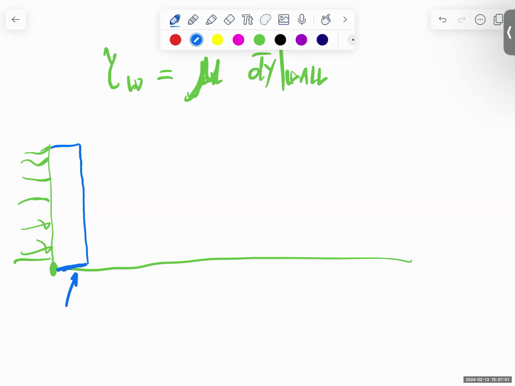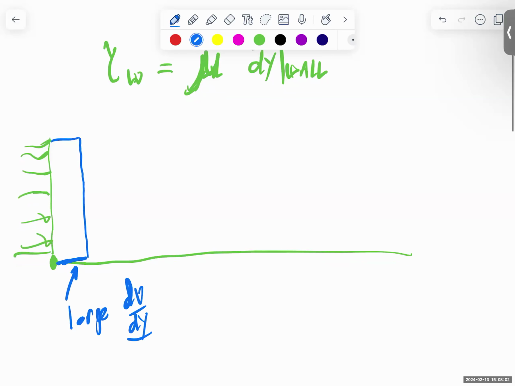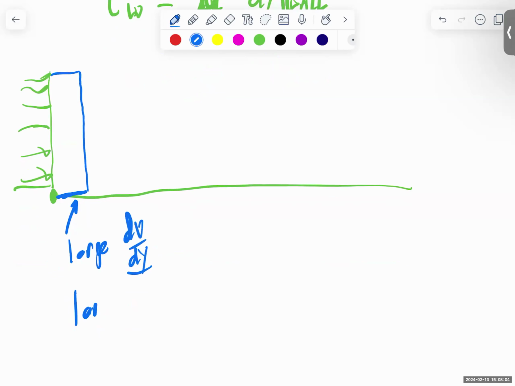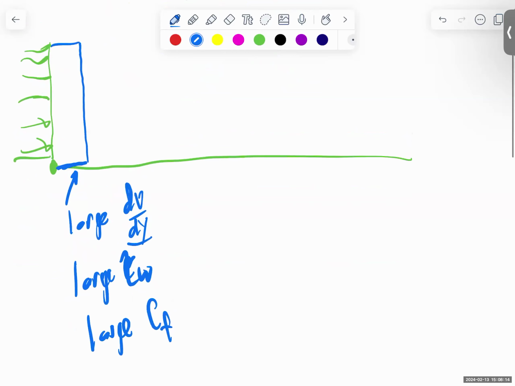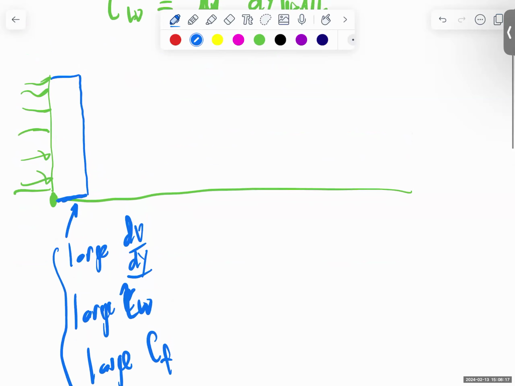So you have a large du dy here, a large shear. You walk a little bit away from the wall, and the velocity increases from 0 to almost infinity right away. Large du dy means large shear stress, tau wall, and it also means a large non-dimensional shear stress, so large CF.